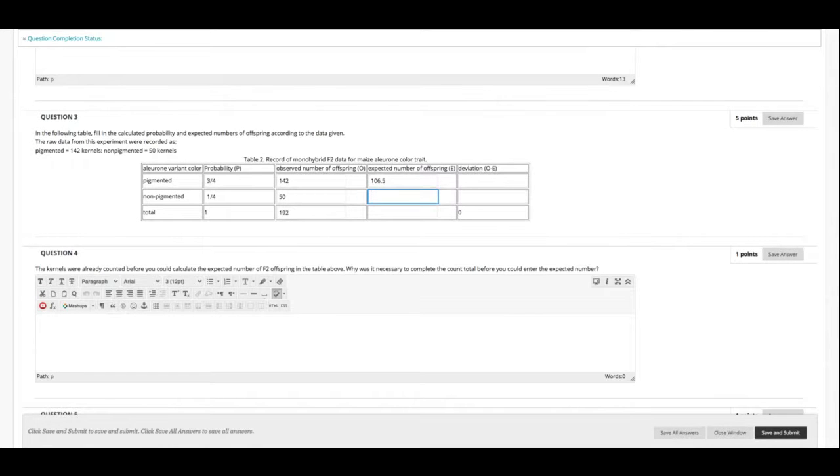And then the expected for the non-pigmented would be 12.5. I got something different. I don't know if I'm doing it wrong though. The total needs to be still 192, right? So that was, oh, probability times 192.